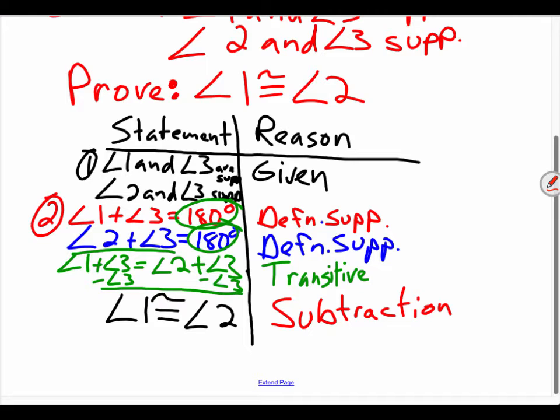And so when I subtract angle 3 on both sides of the equal sign, this cancels and this cancels, and I'm left with angle 1 is equal to angle 2. And so we know that those two angles are congruent. Does that make sense?